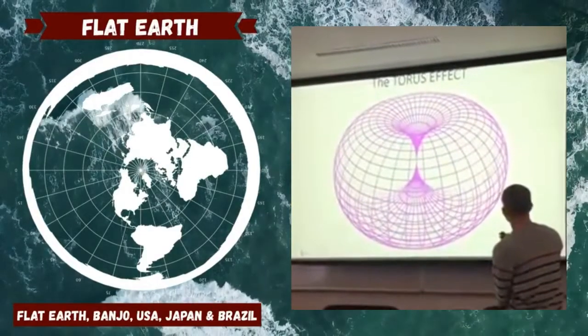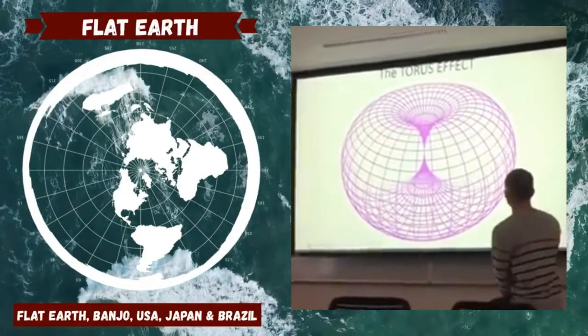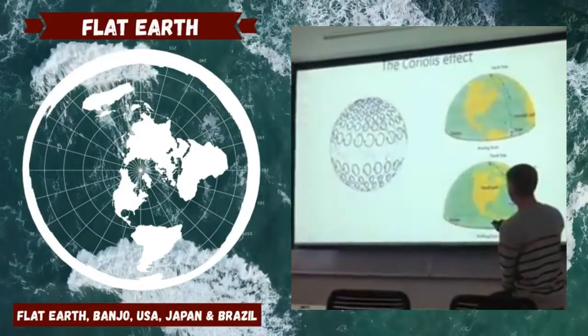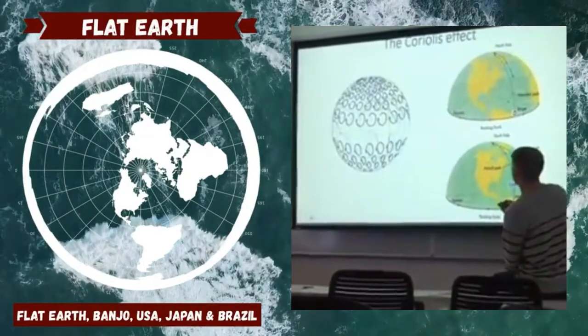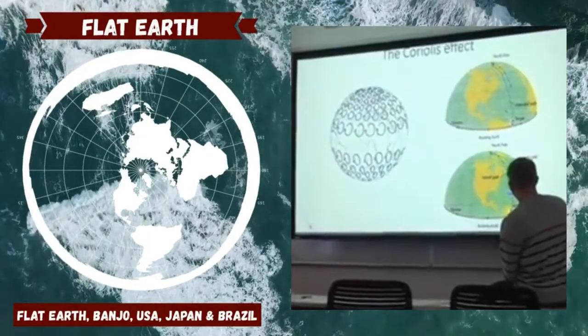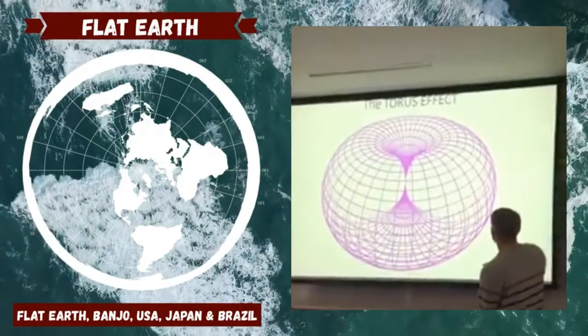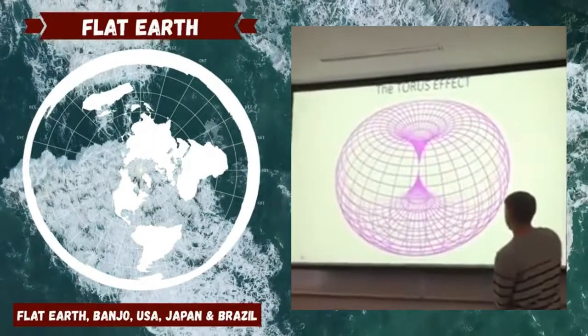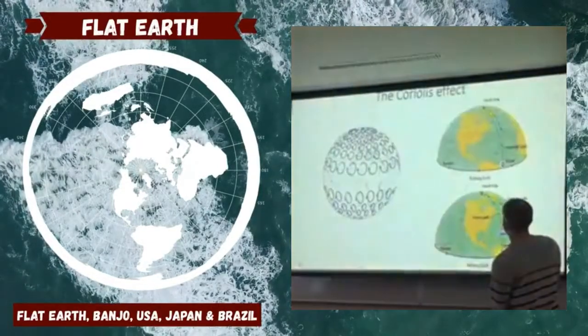So if the torus effect with all, okay, this I need to rewind. I'm going to go ahead and take this half of the circle, okay, and then I'm going to compare it to this half of the circle, okay.